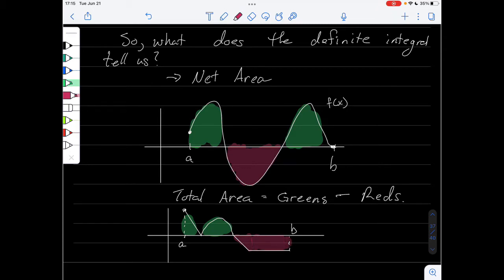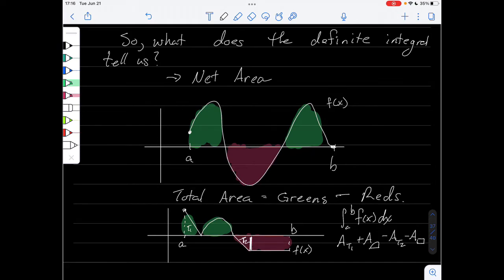And so if this is our function f of x, the integral from a to b of f of x is going to be the area of the first triangle, so we'll call this T1, plus the area of the semicircle minus the area of this triangle, T2, minus the area of that rectangle.